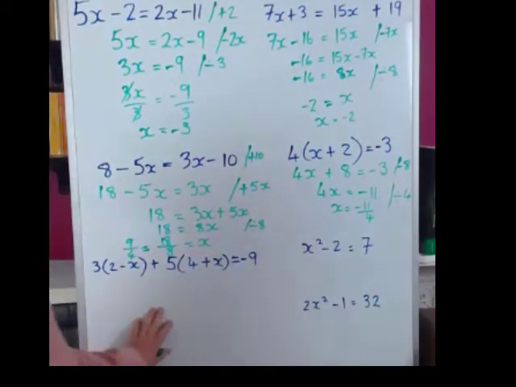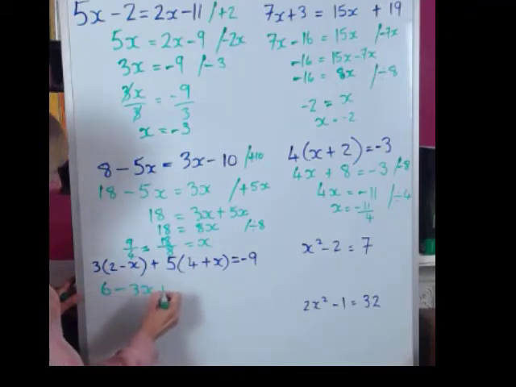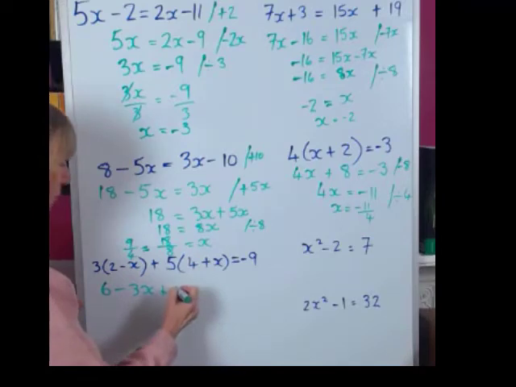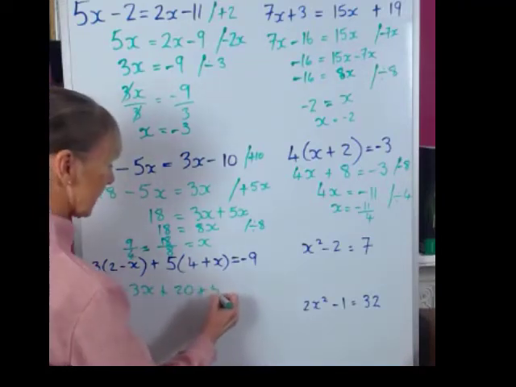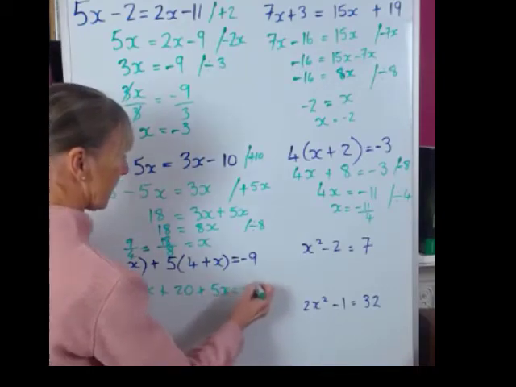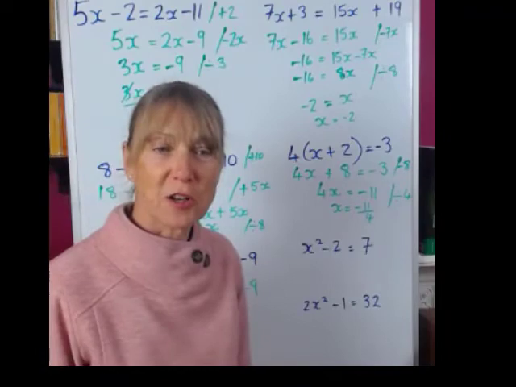All right, now we've got 2 sets of brackets, but that's all right. We'll start by expanding them. So 3 times 2 is 6 minus 3 lots of x, plus 5 times 4 is 20 plus 5 lots of x. Now we collect our like terms.